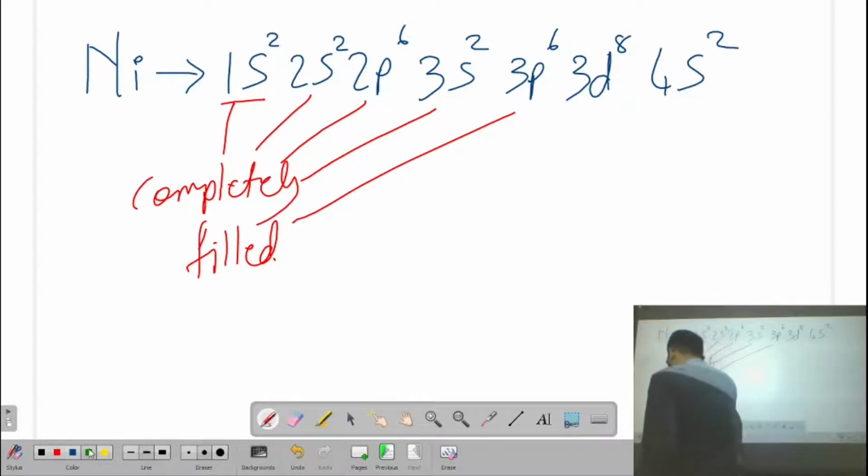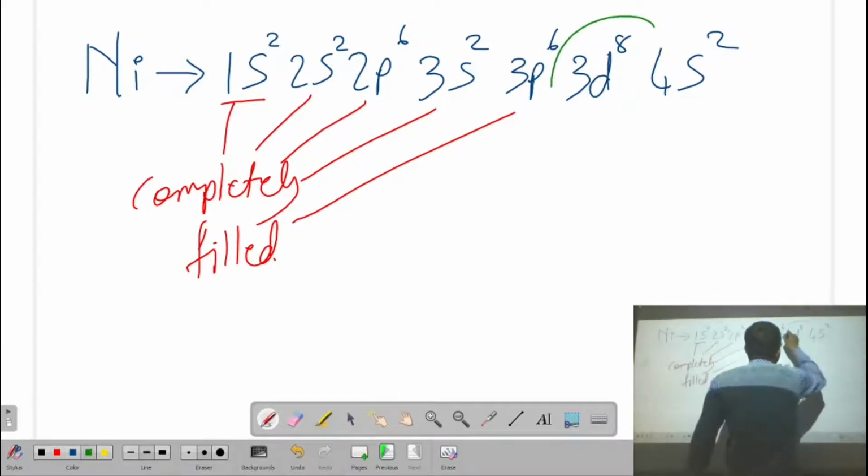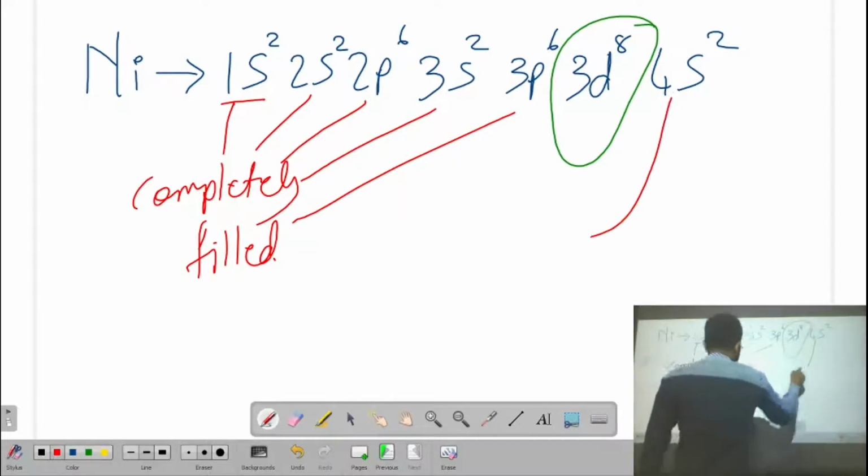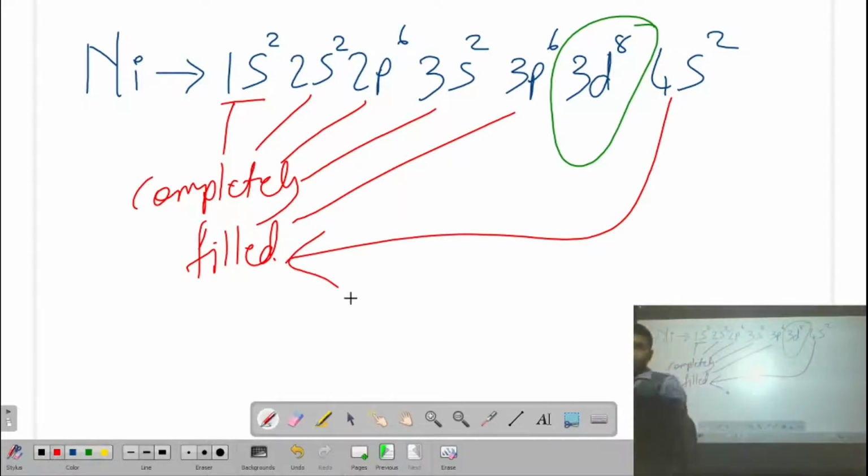But think about this d orbital. The d orbital is incompletely filled. Actually, it has to be 10 electrons. And again, the 4s orbital is completely filled.